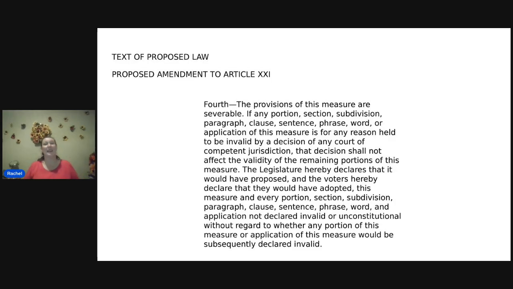So basically they're saying something could be severable. They might say, okay, this measure passed, but there's this one section that's got to go if a court determines it, but all the rest of it would stick around.